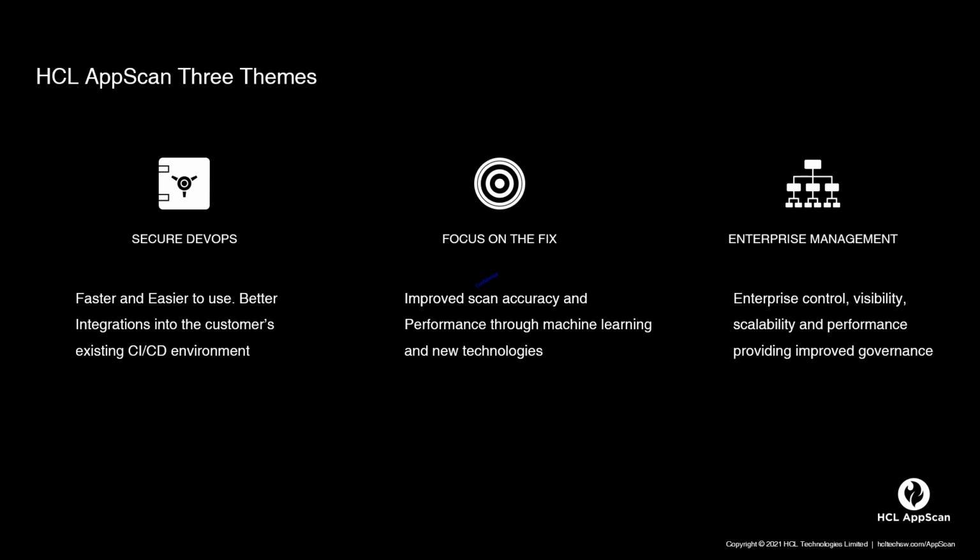And then when it comes to giving you better control and visibility, let's say in the lens of a CISO or a security manager wanting to see how we are evolving over time from a security risk perspective, we have a suite of enterprise management capabilities around user management and application management, and that's really done on the platform level, right?